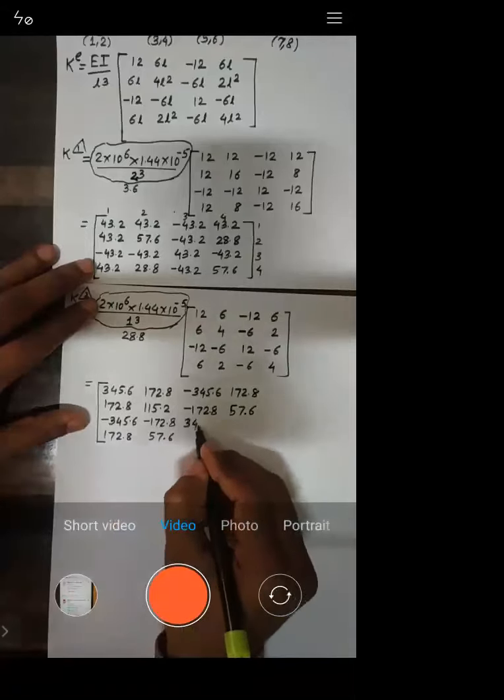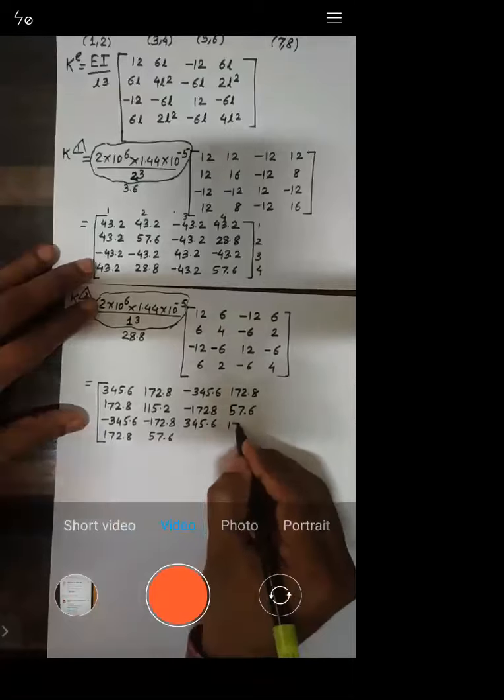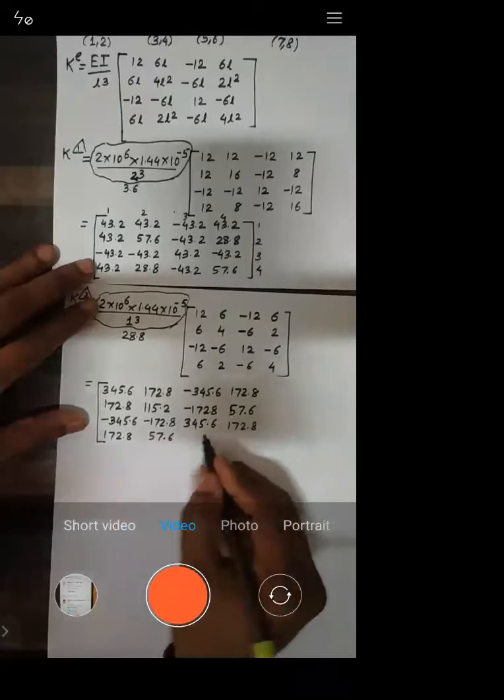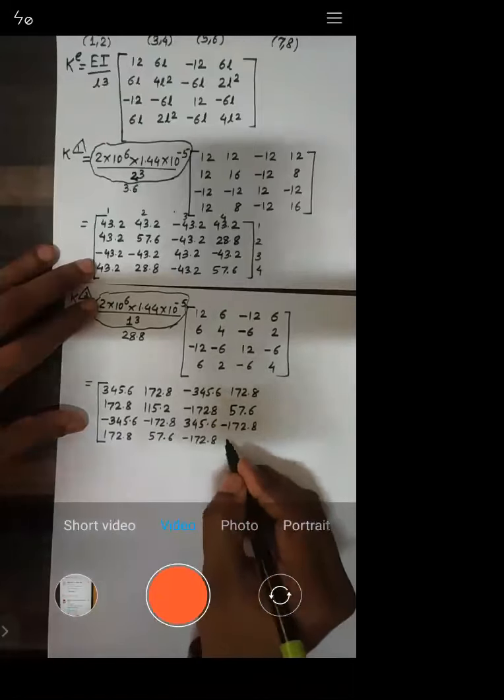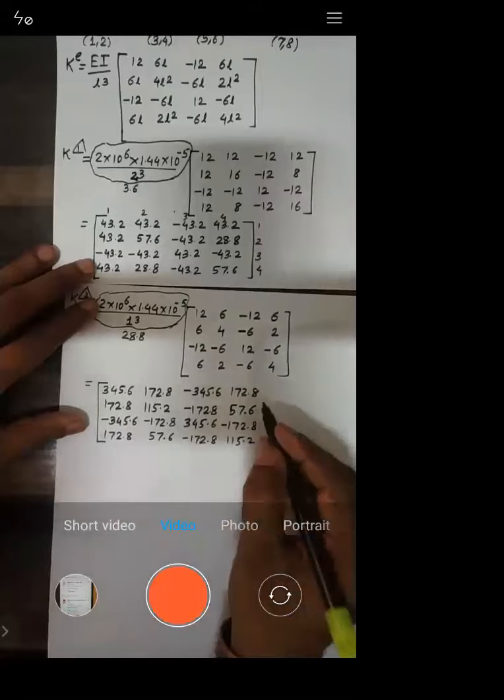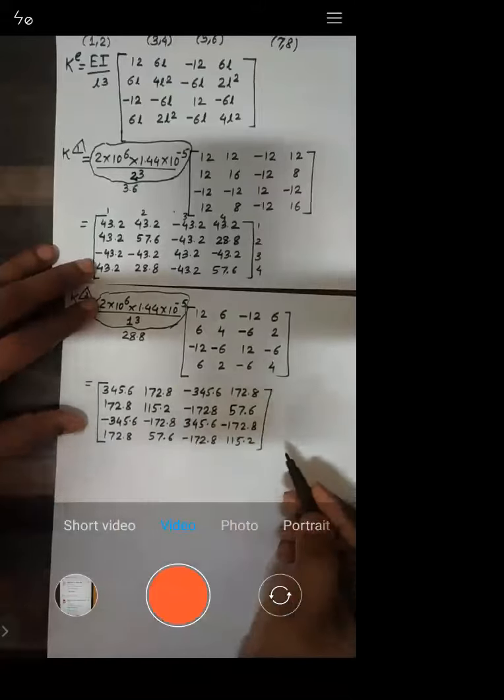Next, 345.6, 172.8. This is minus 172.8, minus 172.8, and 115.2, right? Is it okay?